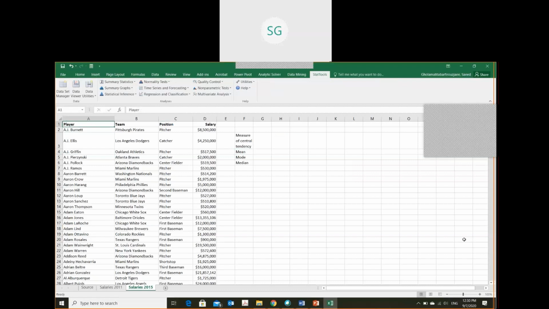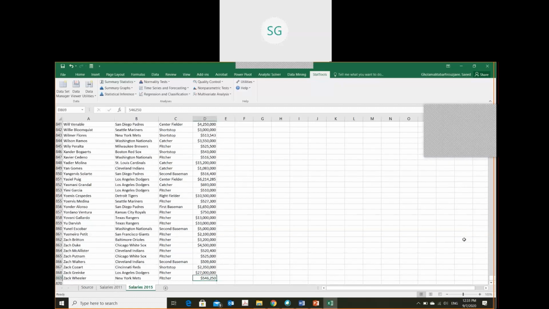First, let's see what is the range of our data. It starts from D2, and then we press Control End to go to the end of the data set. The last record is 869. Here is the 869.